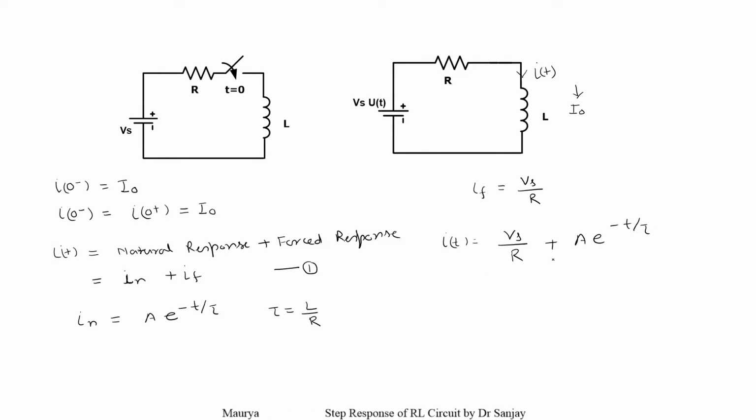Now in this response, A is a constant. So this one we can determine with the help of the initial condition.